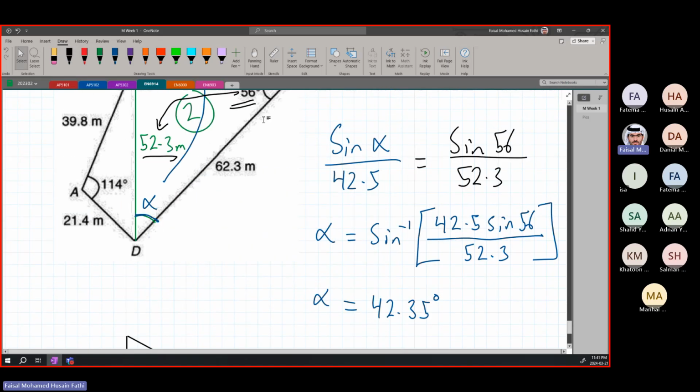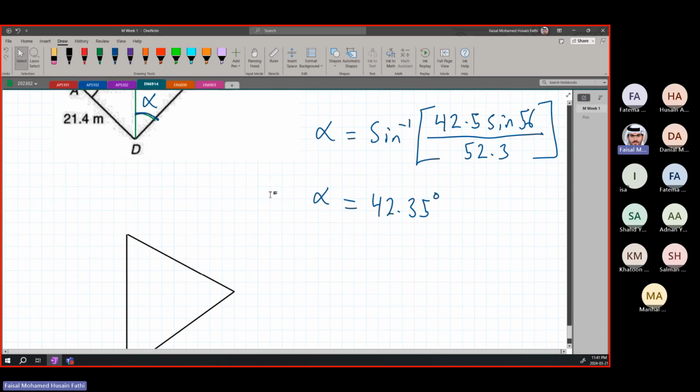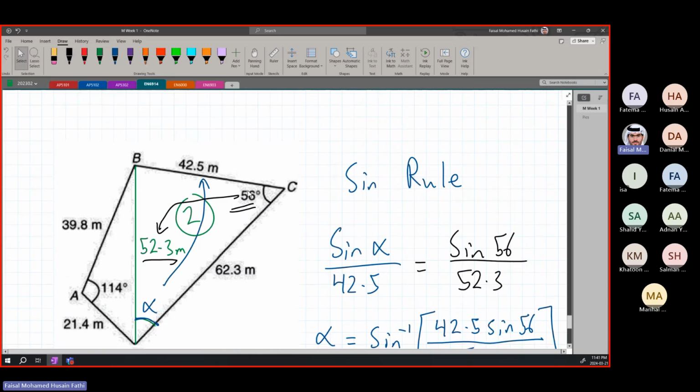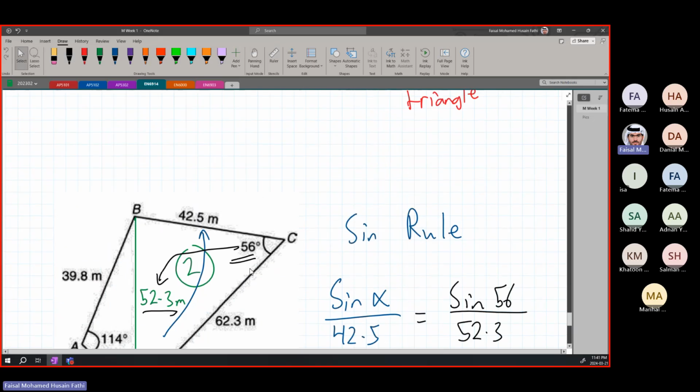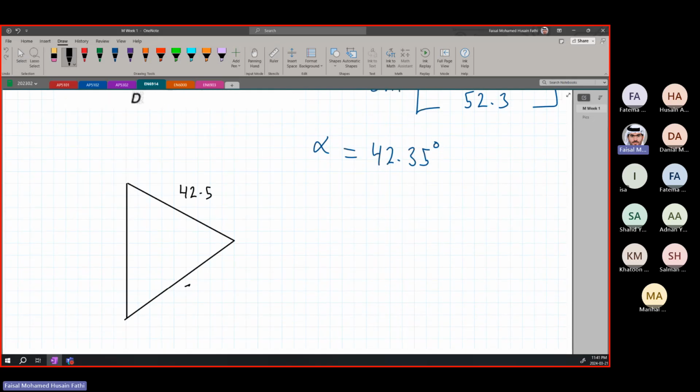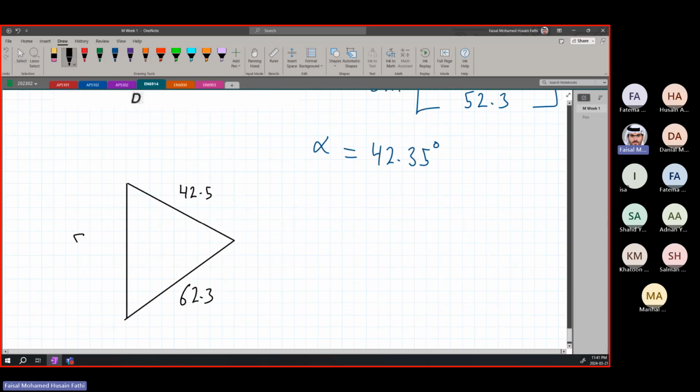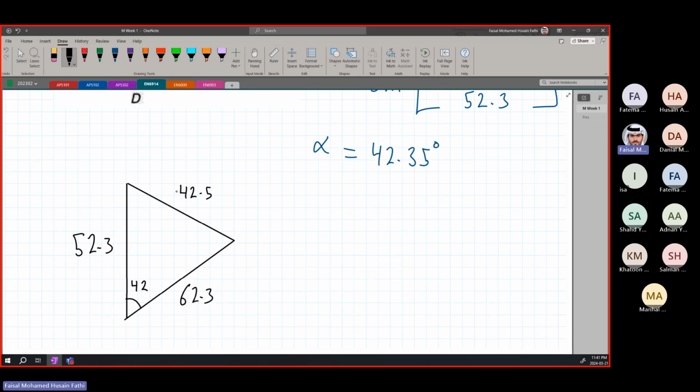Okay, we have this triangle. I just redrew this triangle slightly. Okay, so this is 42.5. This is 56 degrees. Not going to draw this angle for a bit just to explain a point. 62.3 meters. And we have this side, which is the base, 52.3. And we found this angle to be 42.35. Let's just say 42 degrees.